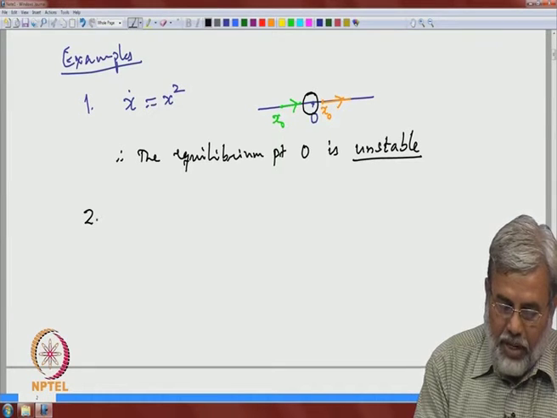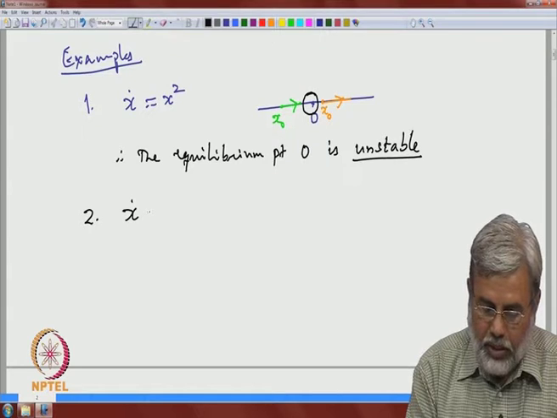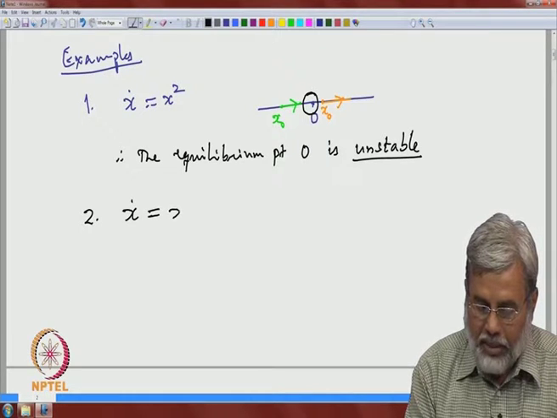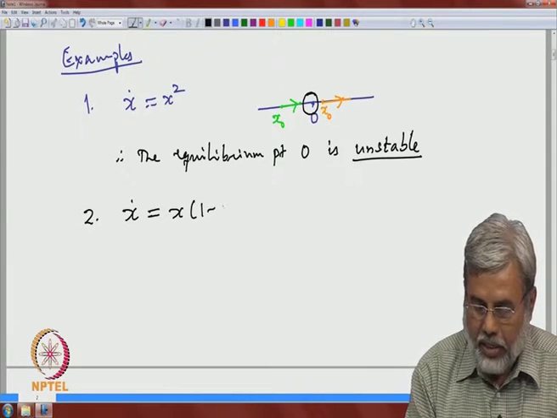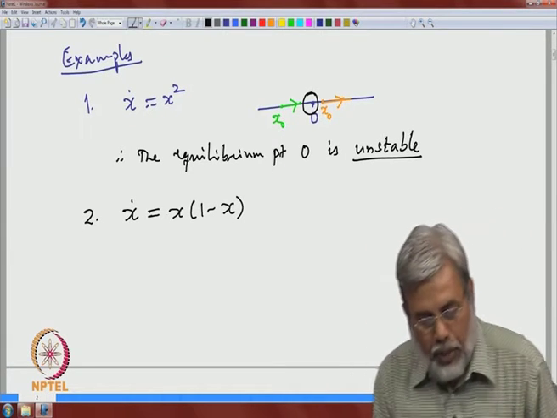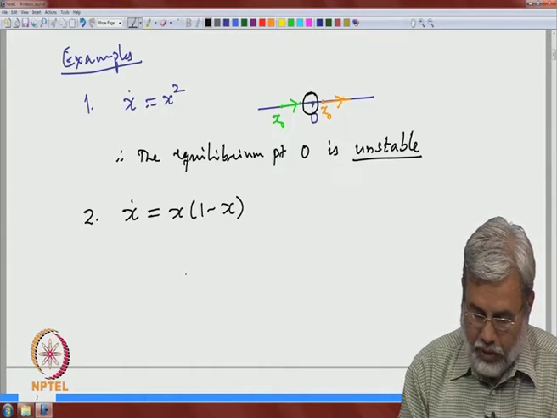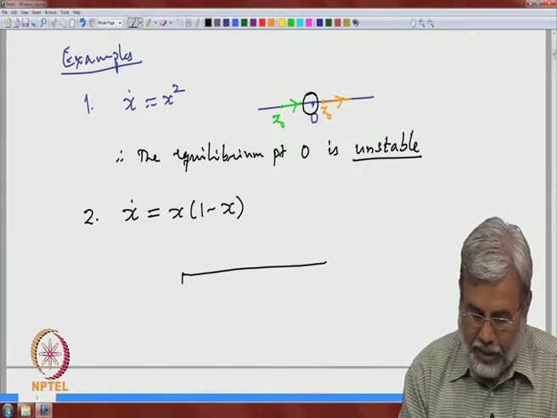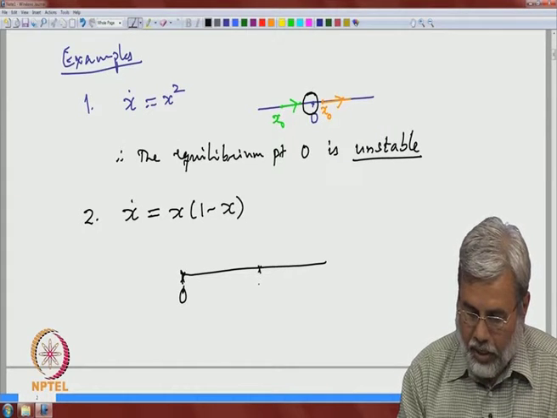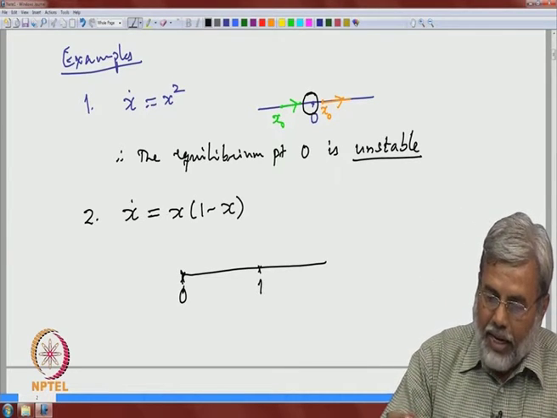The second example, the logistic model, normalized. Here the equilibrium points are 0 and 1. Obviously, they are isolated, so I do not have to stress that. Again we have done the analysis.